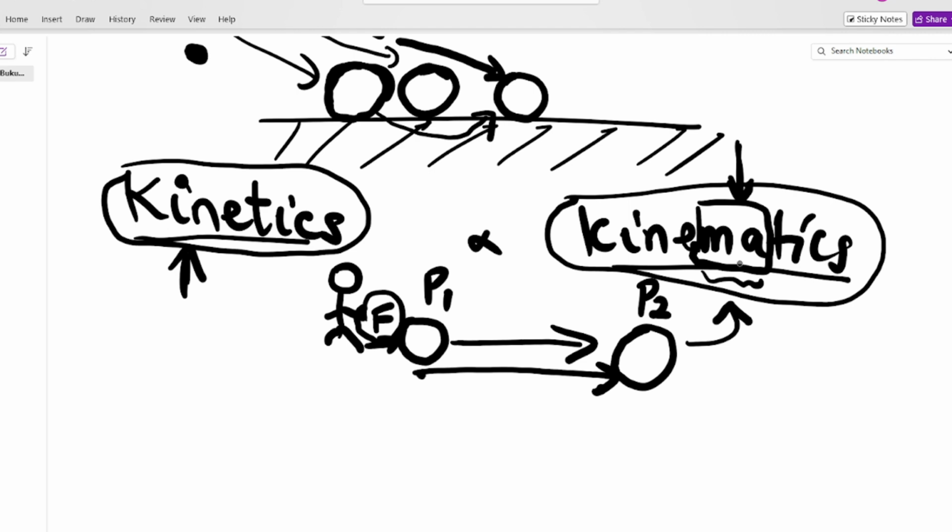So when there is "ma" inside, meaning there's no external force, it's as if you are protected. That's how I used to remember it. "Ma" for mom. So when they say kinematics, I know there is a mom inside, which means there's no external force acting on the motion of the body. But when they say kinetics, the "ma" is not there, so it means all external forces on the body are going to be considered. That's an analogy that I use.